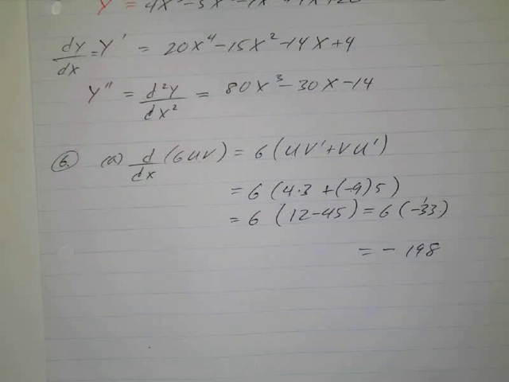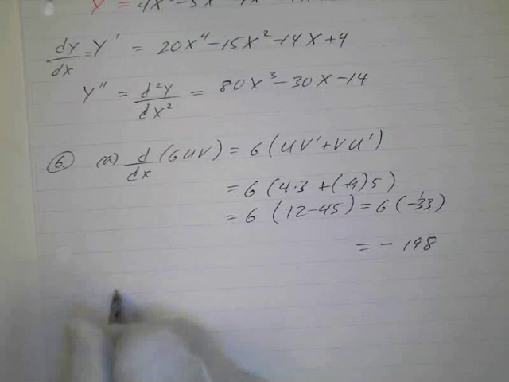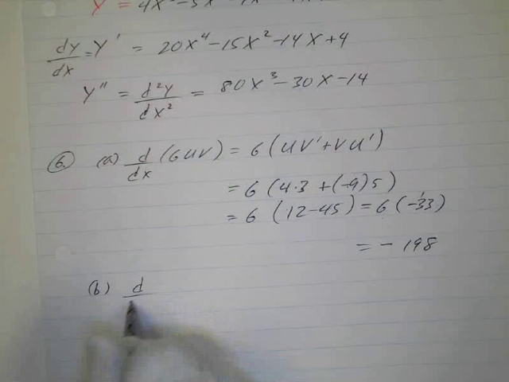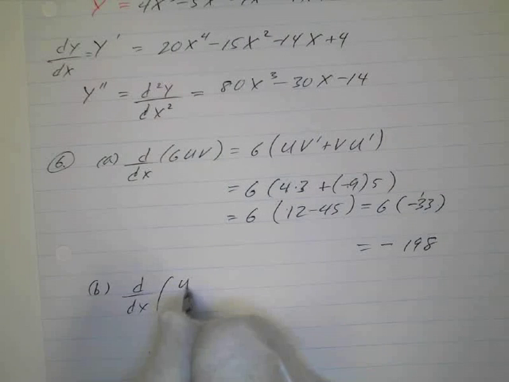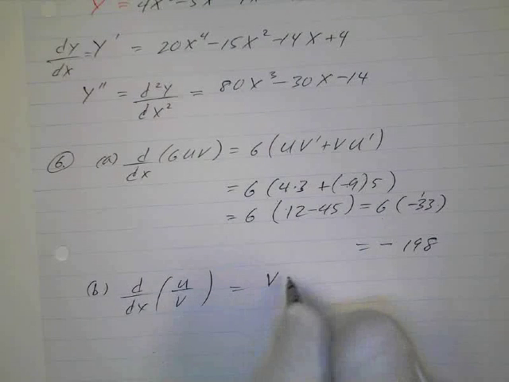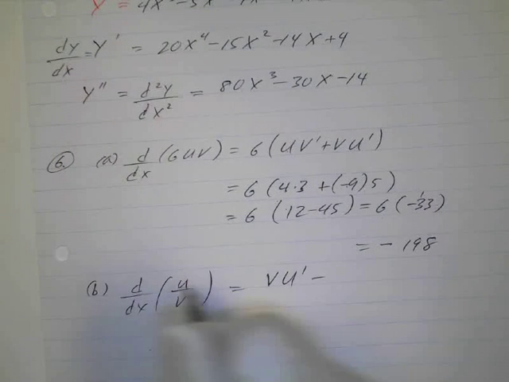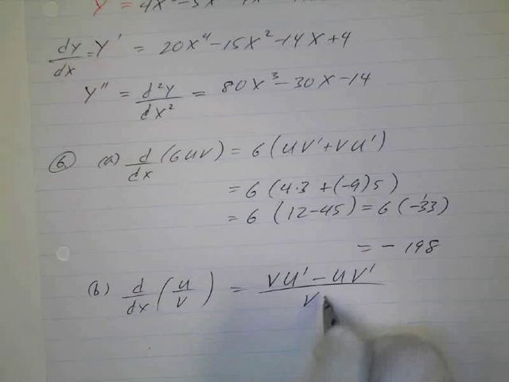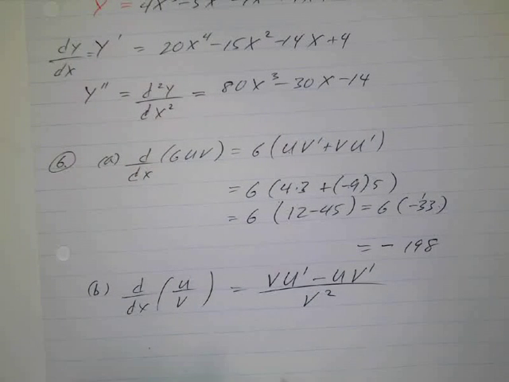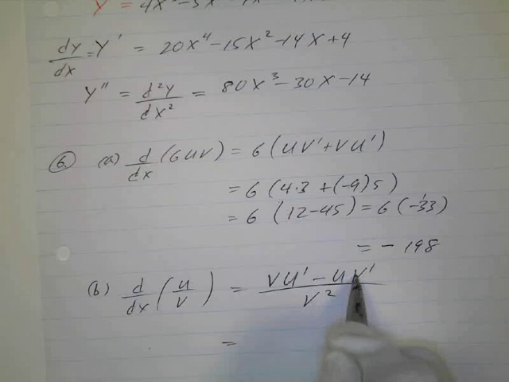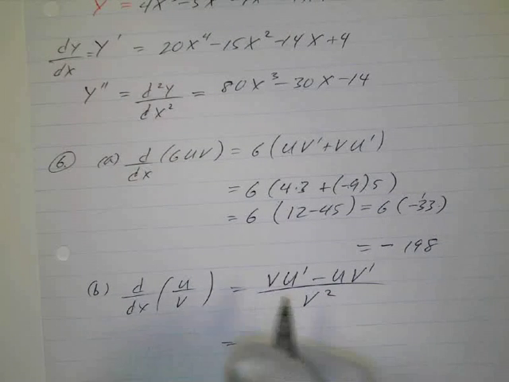All right. And letter B, just the quotient rule, straight out quotient rule. The derivative with respect to x of u over v, which is low d high minus high d low, so v times u prime minus u times v prime, over the denominator squared below. We have our values, so all you have to do is substitute your values into these. We've done plenty of these, so this is no problem.